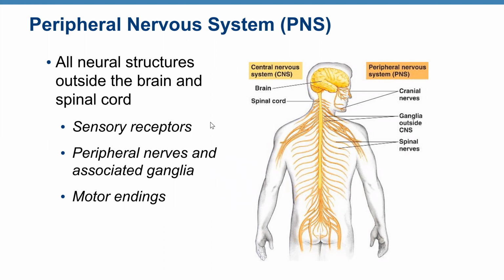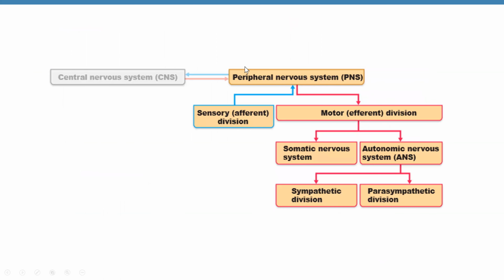So again, the PNS includes sensory receptors, peripheral nerves, the ganglia, and motor endings. And motor endings innervate your effector organs, such as your muscles and glands. The peripheral nervous system includes the sensory division. So sensory information moves in your peripheral nervous system and then to your CNS, central nervous system, and the motor division.